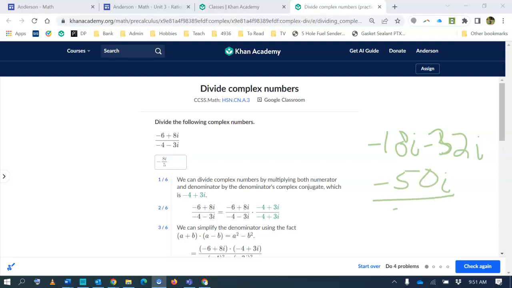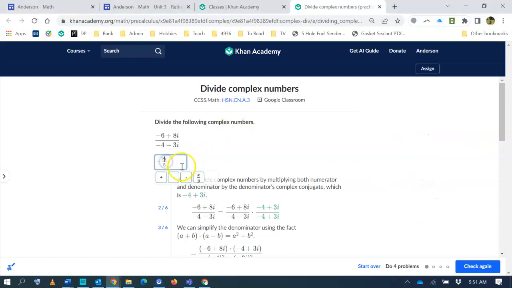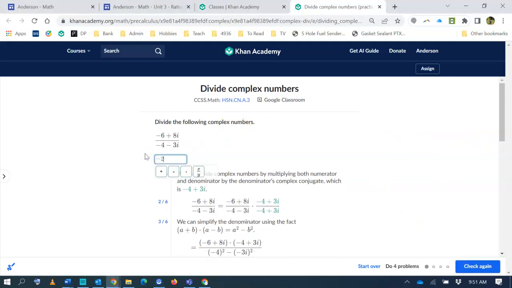And our denominator is 25. And so negative 50 over 25, that can simplify. They both divide by 25. So 50 divided by 25 is 2, and 25 over 25 is 1. So negative 2i will be our answer, not what's in there. Negative 2i.